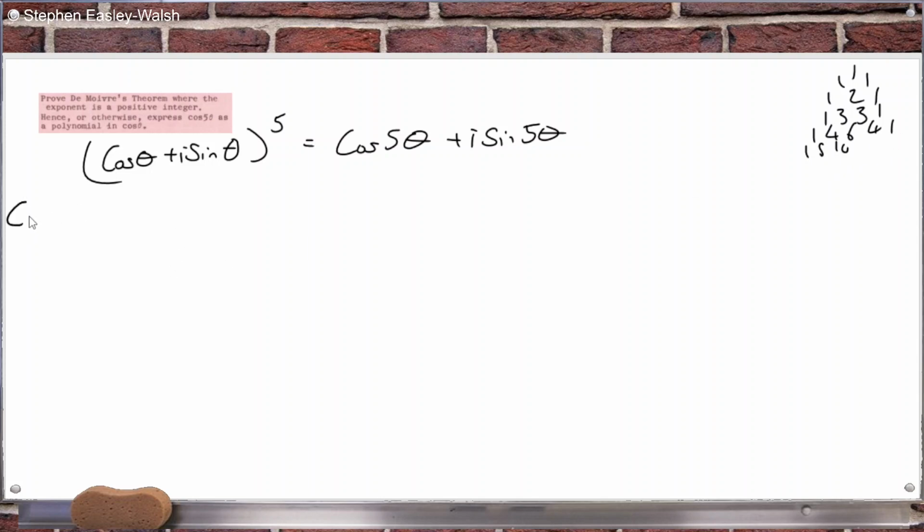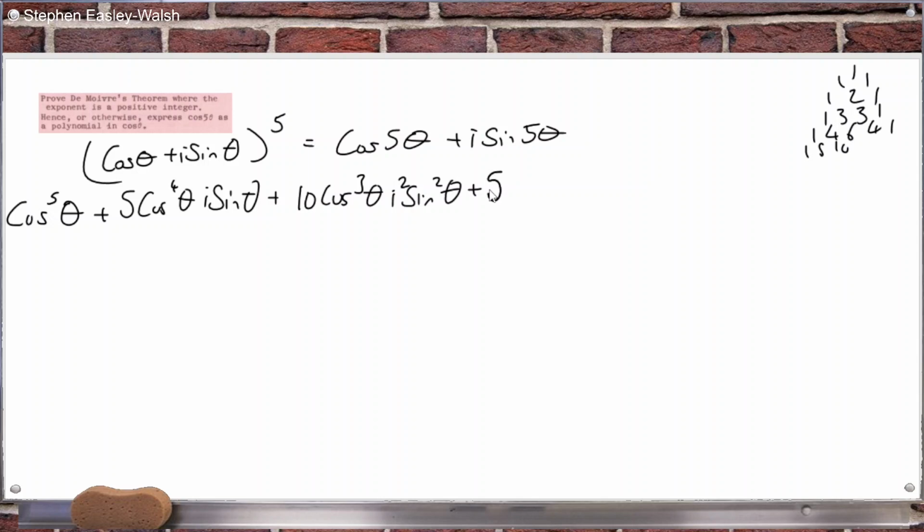So you'll have cos to the power 5 theta plus 5 cos to the power 4 theta i sine theta plus 10 cos cubed theta i squared sine squared theta plus 10 cos squared theta i cubed sine cubed theta.